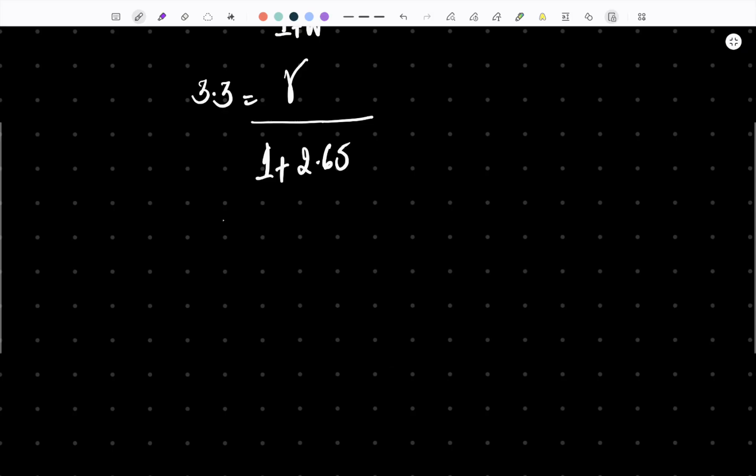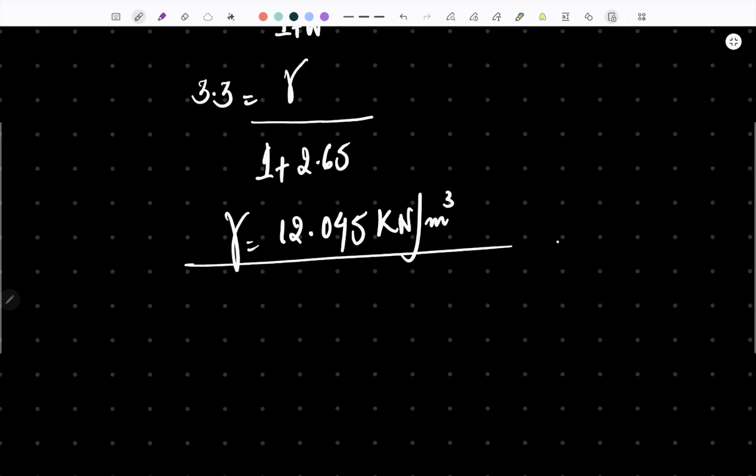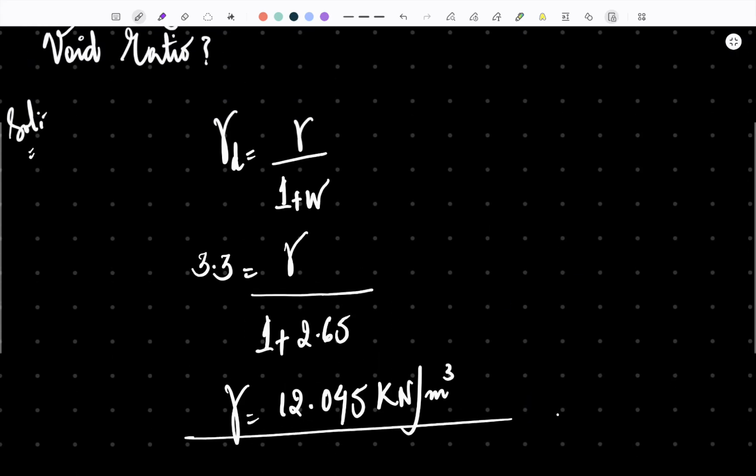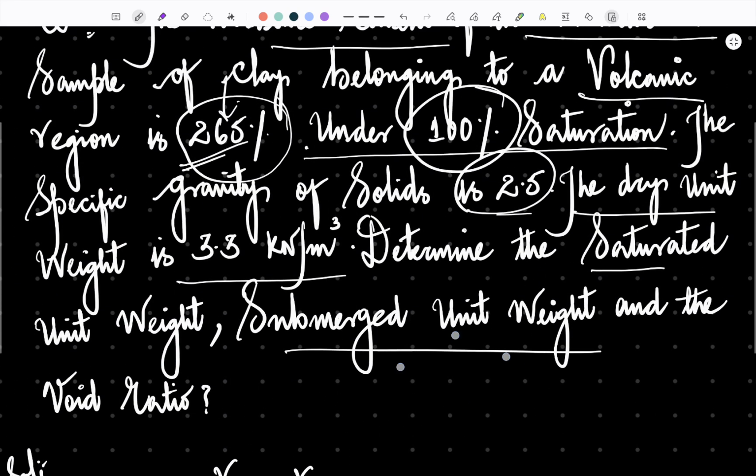All right, so by calculations, bulk unit weight is equal to 12.045 kilonewton per cubic meter. But see the question once again.